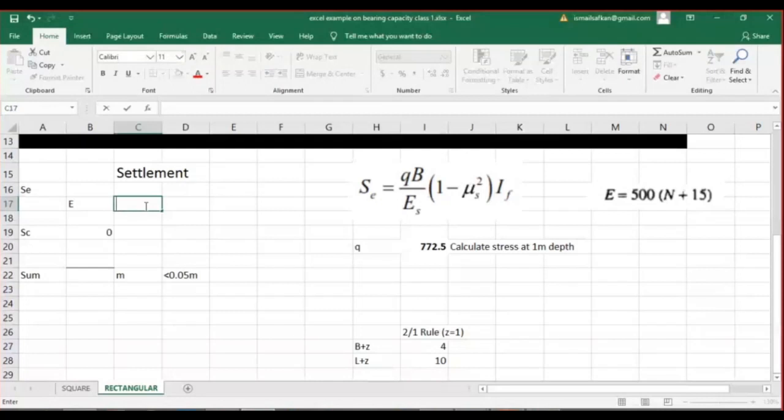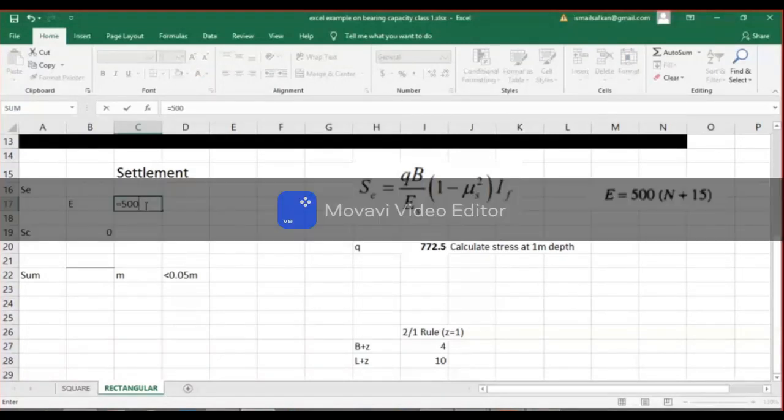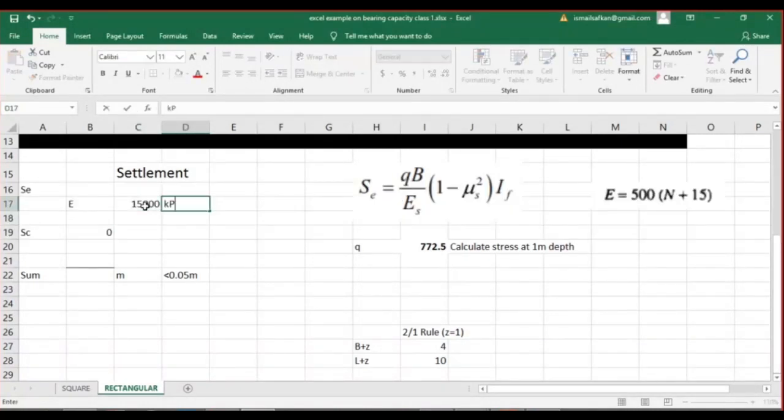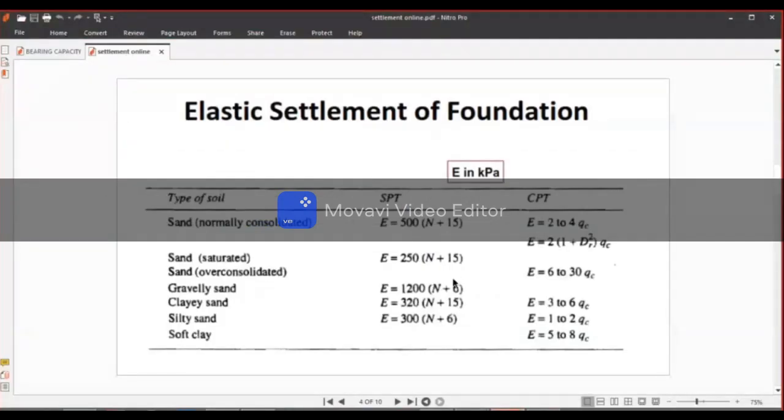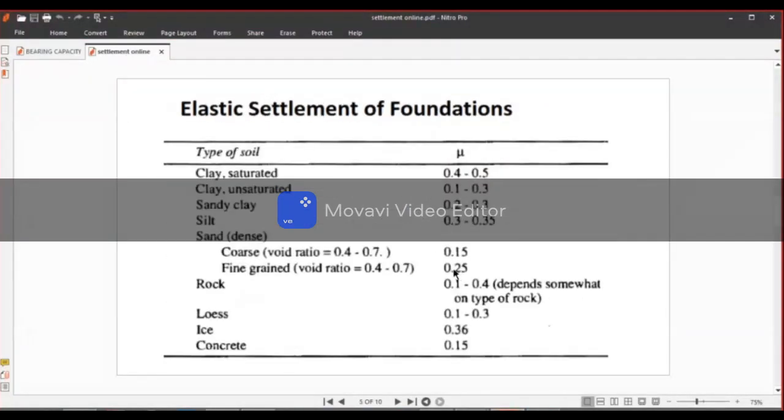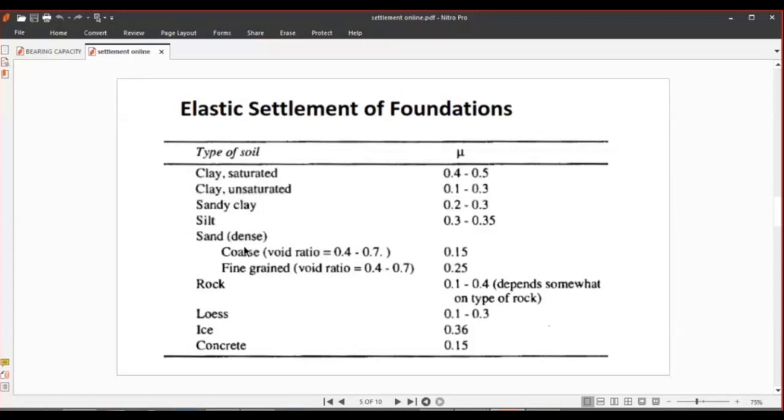It will be equal to 500 times open bracket, it was 15 plus 15, kilopascal. However, this D dimension is on the surface. For new Poisson ratio, and we utilize sand, utilize 0.25 for fine grain.